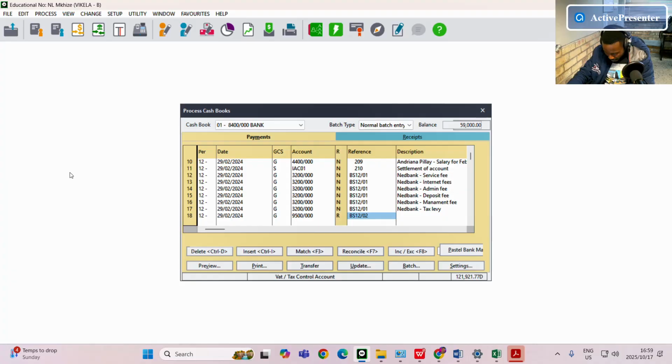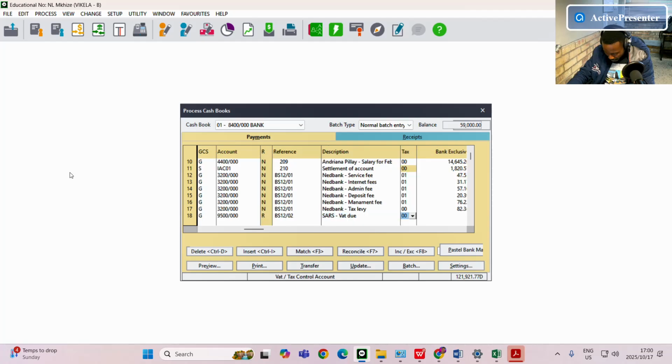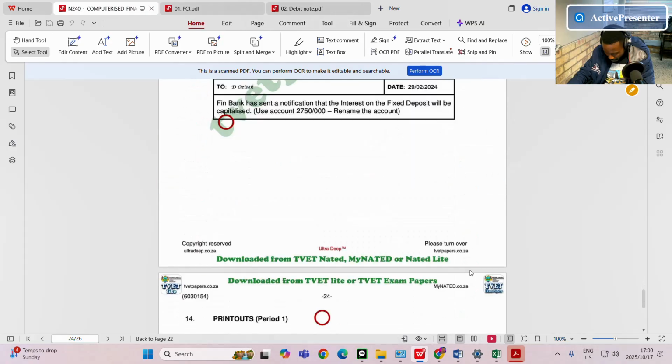The name of the payee is SARS. Obviously, there's no VAT charge when it comes to VAT, but let's check. SARS can't charge us VAT for paying VAT.